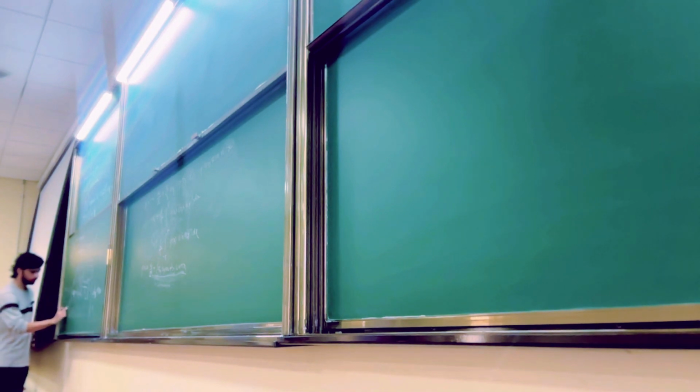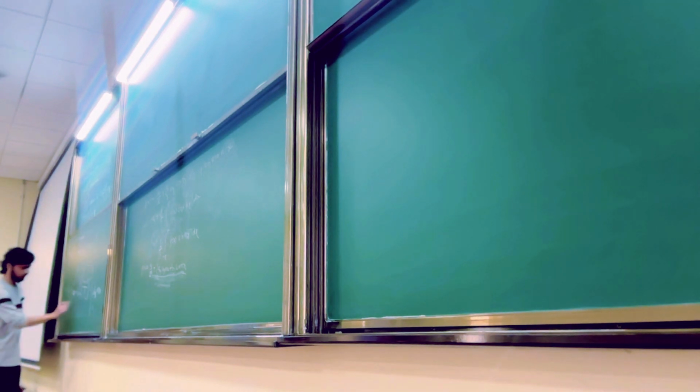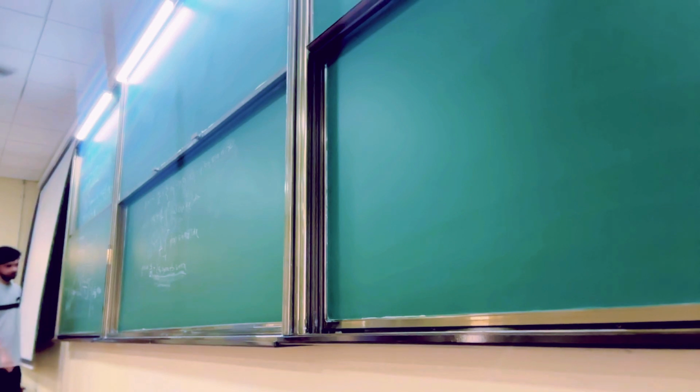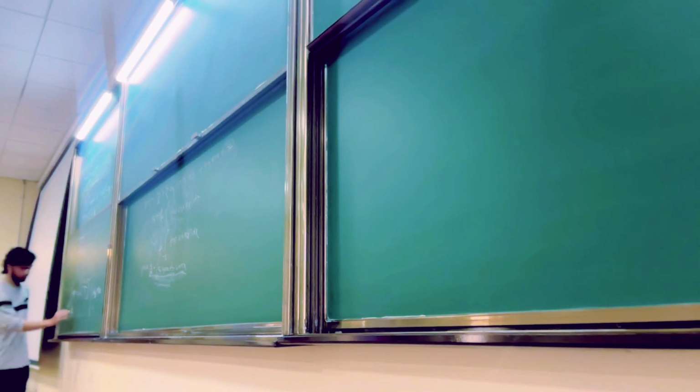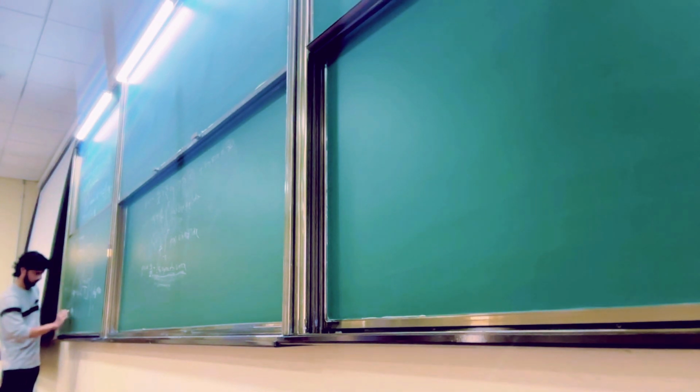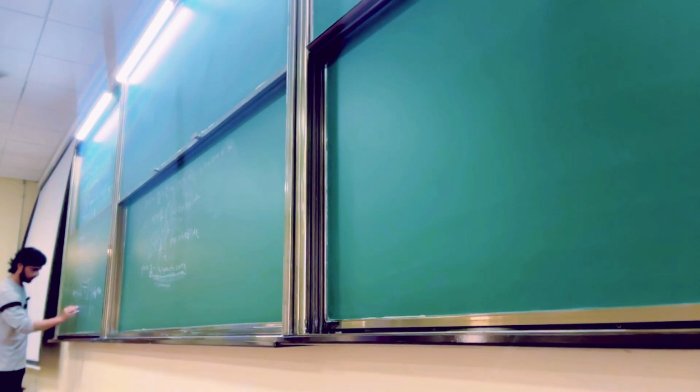So this is 1 by 2 plus summation, bn is 2 by 2n plus 1 pi, sin 2n plus 1 x.